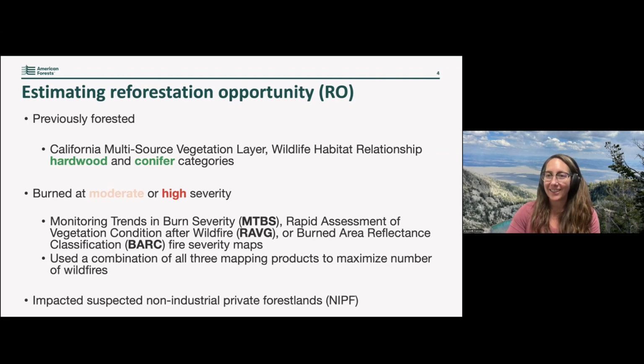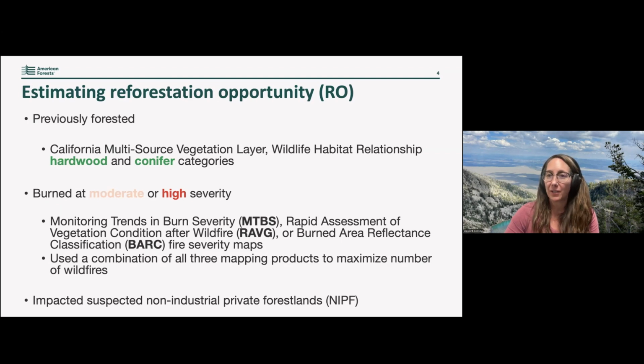One of the tricks that we played with this, and I'll talk a little bit more about this in a second, is that we used an aggregate of three different mapping methodologies. So we used monitoring trends in burn severity, so MTBS, fire severity data, RAVG, or the rapid assessment of vegetation condition after wildfire, and the burned area reflectance classification, which is part of the BAER program.